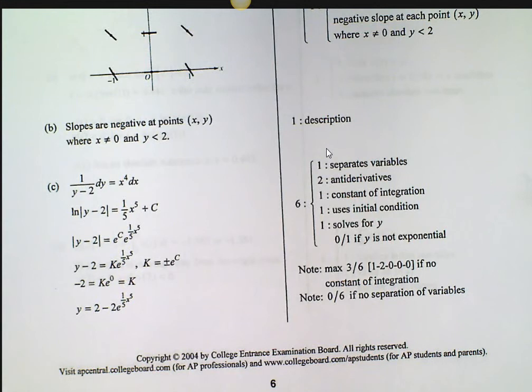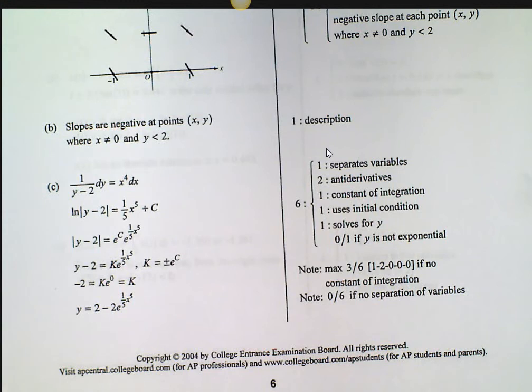Give yourself 2 points for taking the integral. Did you put C? Give yourself another point for putting C. Did you plug in your initial condition? As long as you plugged your initial condition in, give yourself a point.